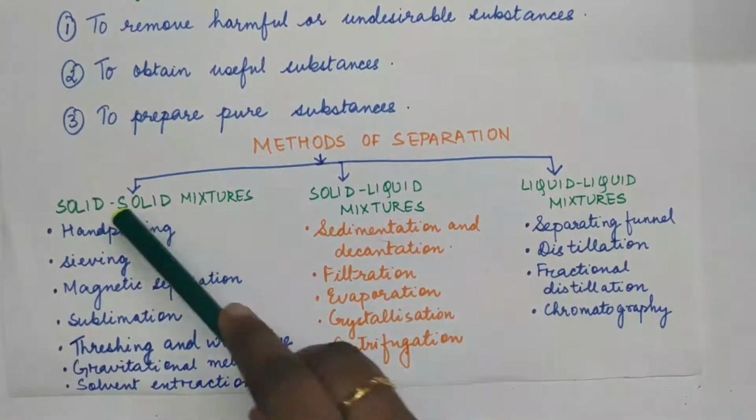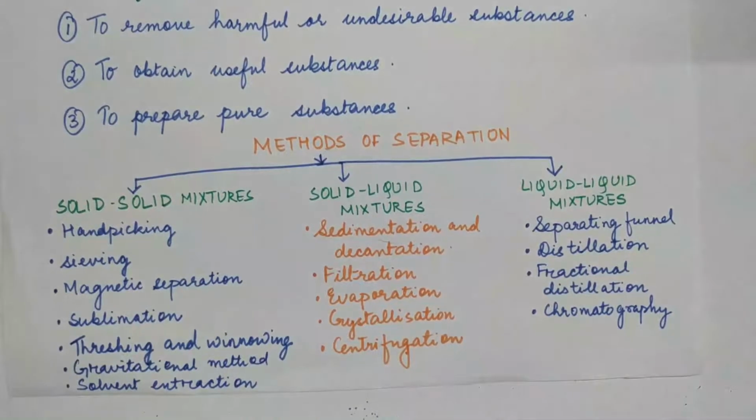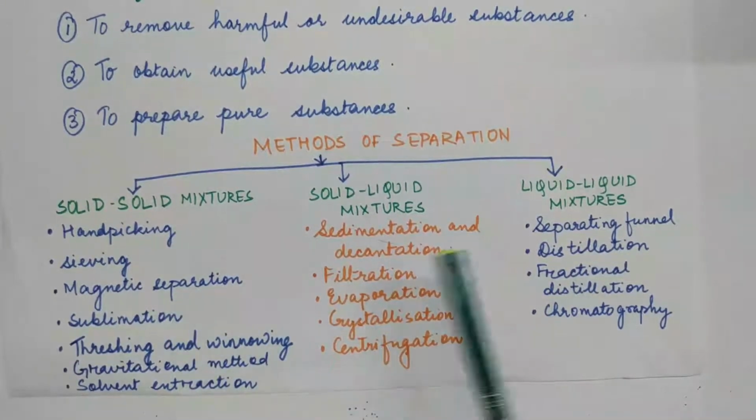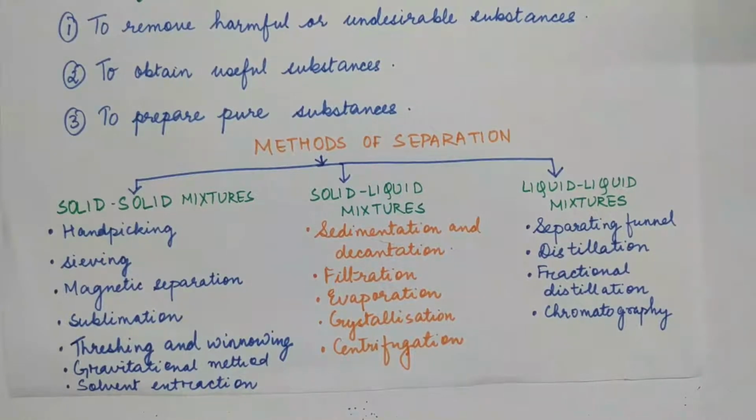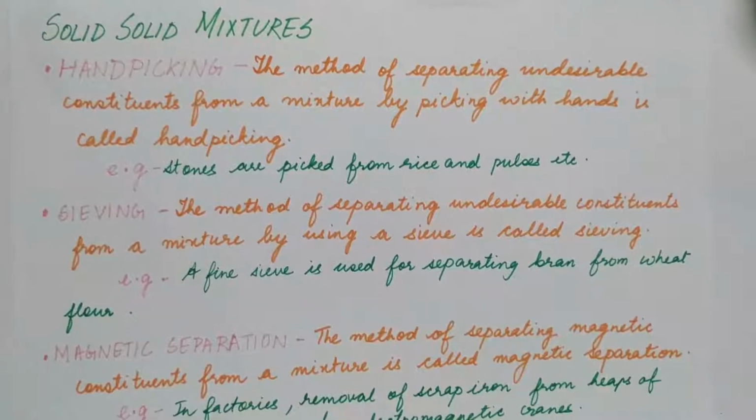When we are going to separate different kinds of mixture, which method will be applied depends upon what state the mixtures are in. Are they a solid mixture, or a solid liquid, or a liquid mixture? So let us start with the solid mixtures.